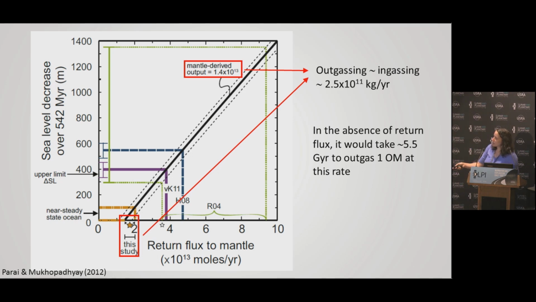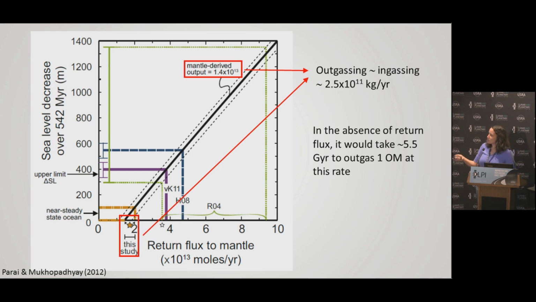And then if seafloor hasn't changed, then by necessity, the amount of material going back into the mantle must balance that rate. And so this gives an outgassing and ingassing rate at the present of about 2.5 times 10^11 kilograms per year. And that doesn't mean a lot to me or to really anybody.